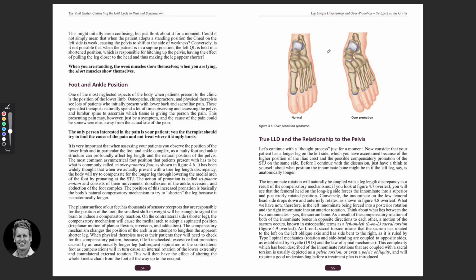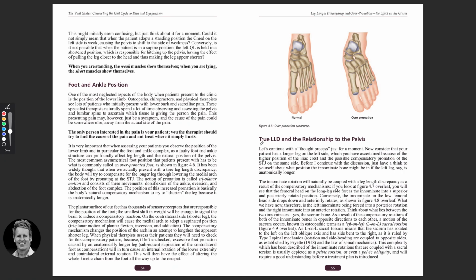So for every degree of pronation, let's say you have 1 degree of pronation, then you'll have 1 degree of subtalar joint motion, which then takes the tibia with it. So when the STJ pronates, then you'll have increased tibial rotation, which then has a knock-on effect towards the connective chain. So the tibia, the femur, the hip, and then the innominate will more likely rotate anteriorly on that side.